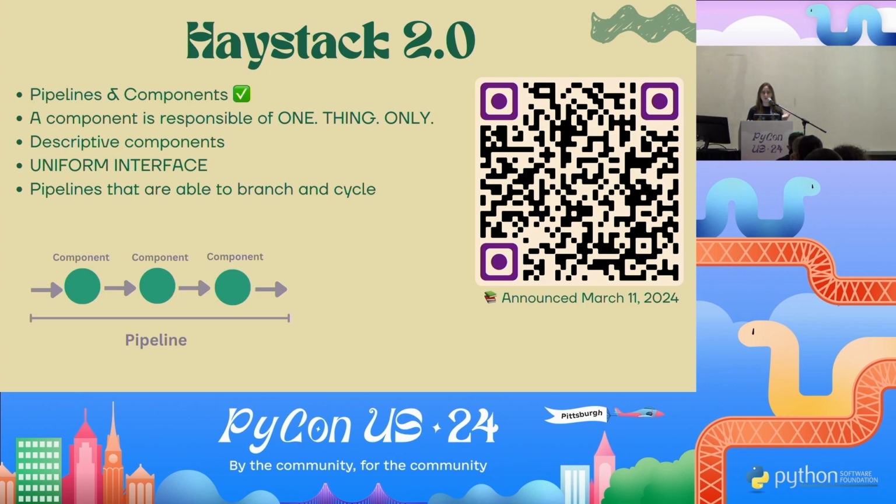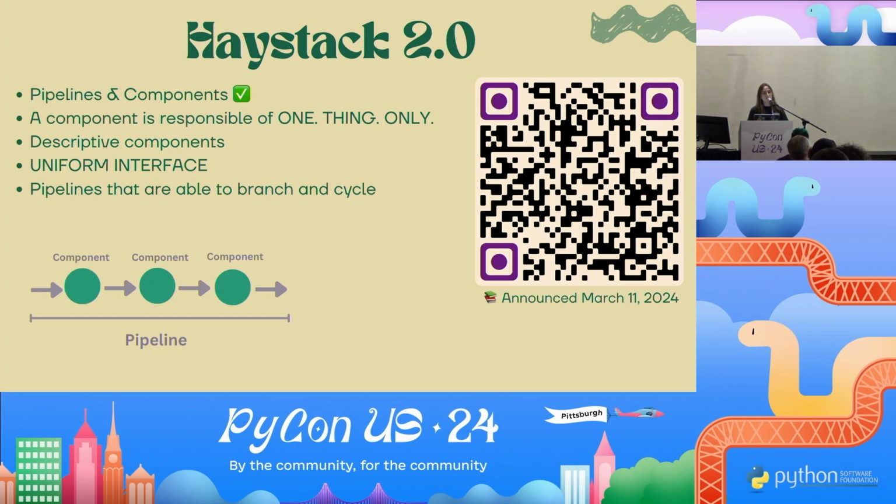Maybe you already noticed, but the prompt node itself had different ways of setting it up depending on what model you were using. So you can already imagine how difficult it was to figure out how to set up your prompt node the right way. So we went for very, very descriptive components. It's very clear, even from the name, what this component is supposed to do.